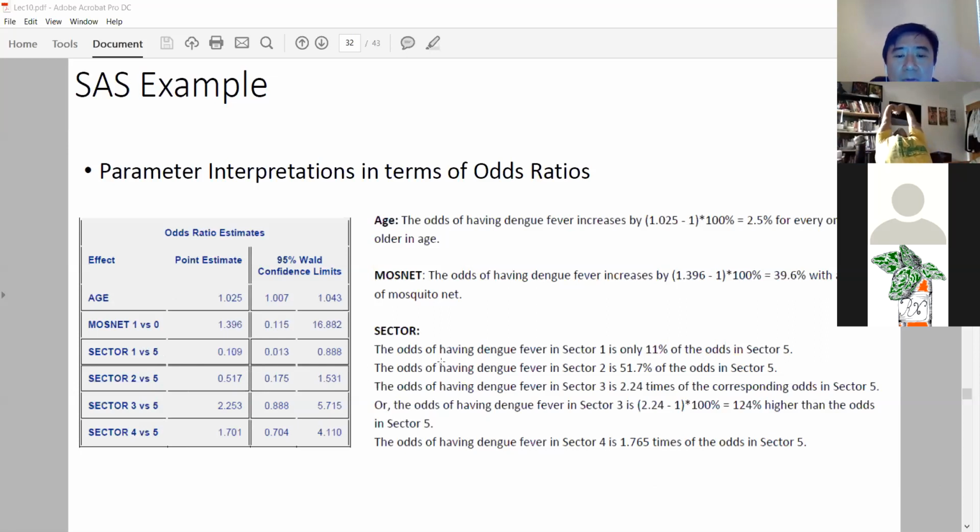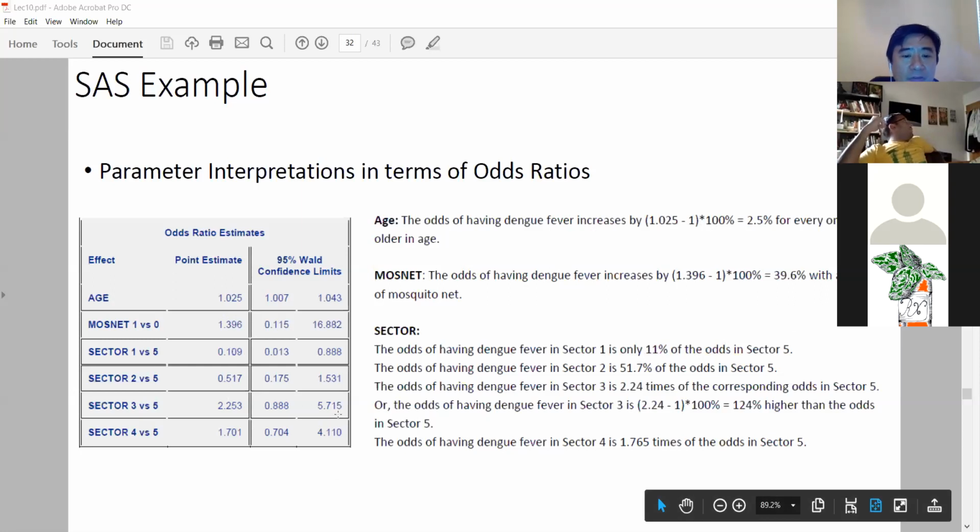That means the odds of having dengue fever in sector 1 is 11% of the odds in sector 5. Here we're not comparing the increase of the odds, because it's less than 1. This 0.11 or 11% is 11% of the odds of sector 5. It's not a reduction of 11%.